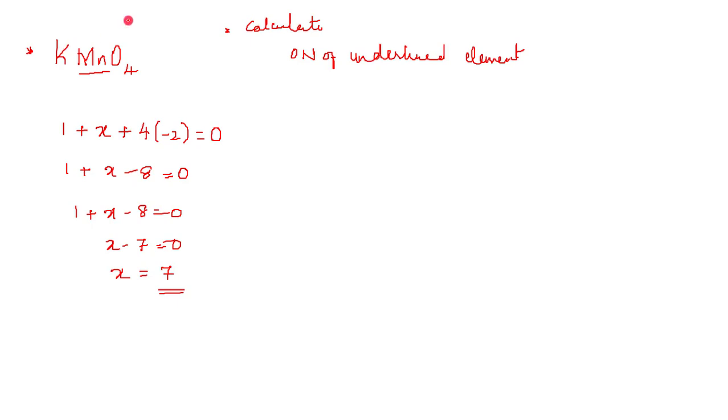Okay, one more example we'll see. Carbon dioxide I'll take, and you are asked to calculate the oxidation number of carbon, the underlined element. How will you calculate? Take the carbon oxidation number as x, plus oxygen, how many are there? 2.